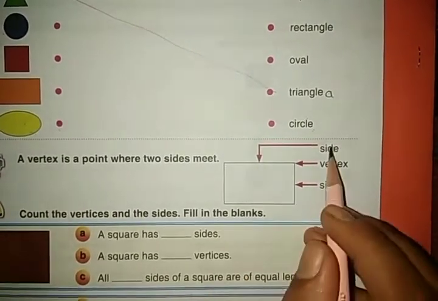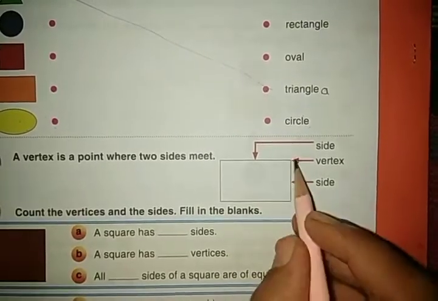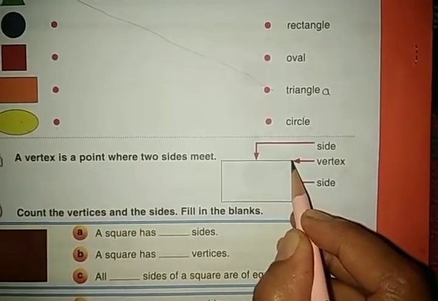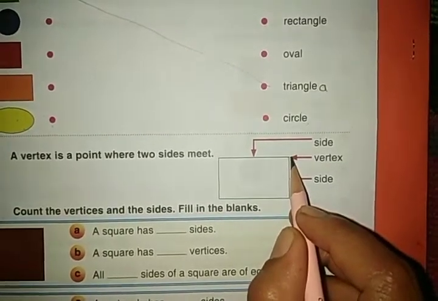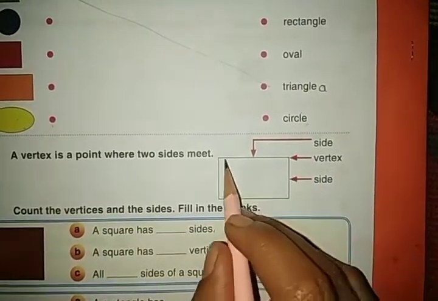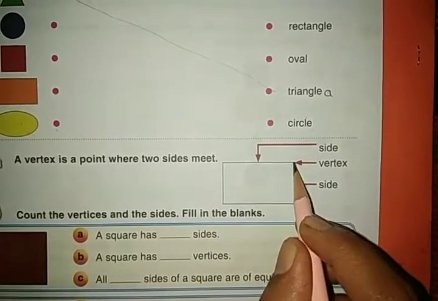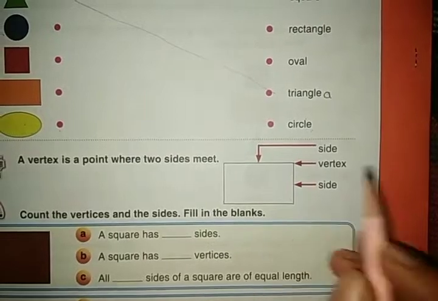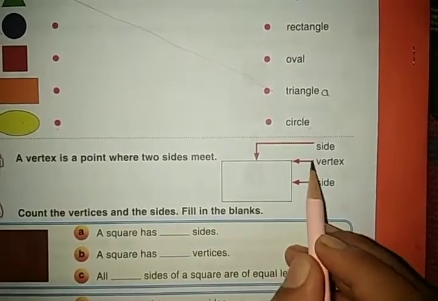Yes, the lines in the shapes are called as sides, and where two lines joins to one point is called as vertex. Vertex is a point where two sides meet, where two lines meet at one point, and that point is called as vertex. Okay, if one point is present, then vertex.